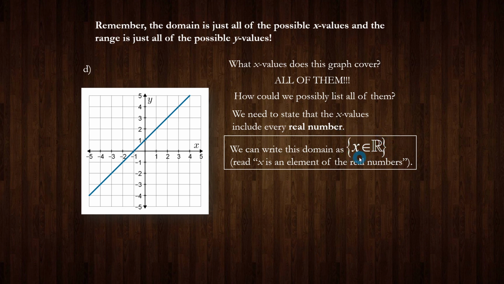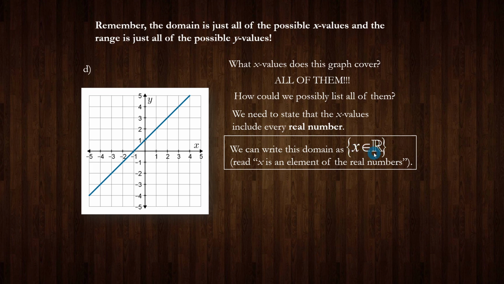We're talking about our domain, so we're talking about x values. And we want to say that x is every real number possible. So the R is what represents real numbers. Now it's kind of a fancy looking R there. We do that in math. This symbol here formally means is an element of. So x is an element of the real numbers.